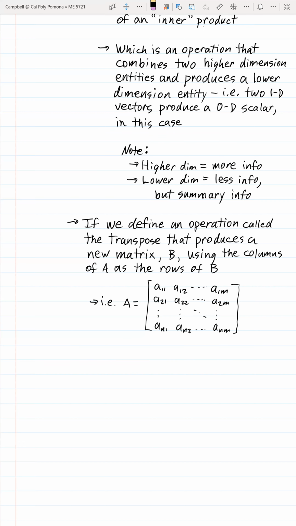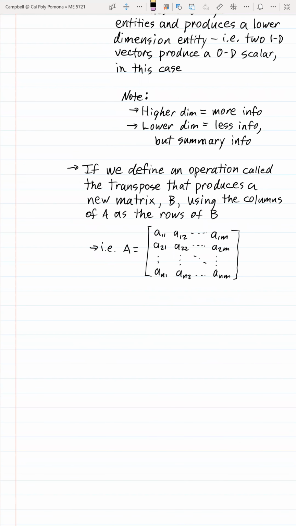Then when we look at taking the transpose of this particular matrix A, and of course that will be matrix B, it will be A transpose, using a lowercase t. My apologies. A transpose.